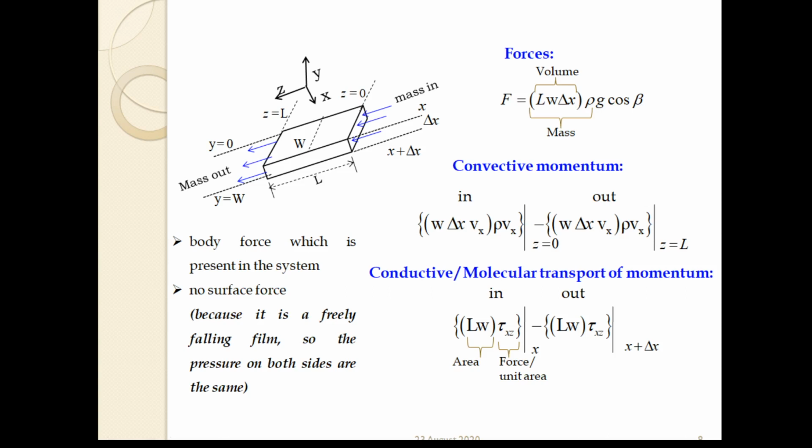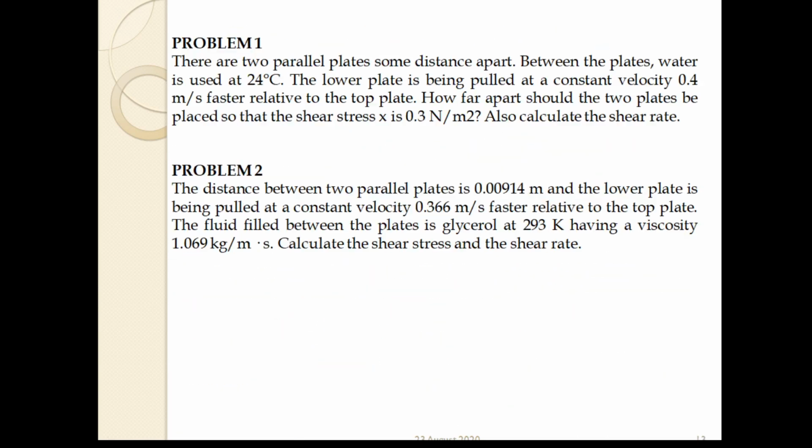Now we have some numericals that we have to solve. There are two problems. One is two parallel plates some distance apart. Between the plates, water is used at 24 degrees centigrade, and the lower plate is being pulled at a constant velocity of 0.4 meter per second relative to the top plate.